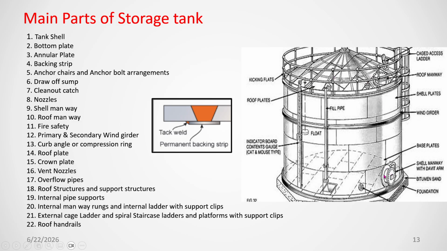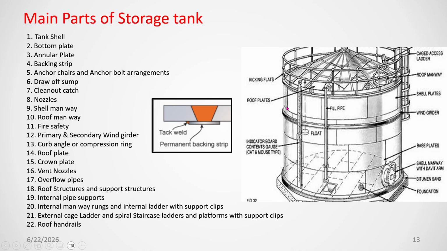This is also a nozzle, inlet and outlet pipelines. That is called the nozzles. Then shell manway. From here also you can go inside. At the top also there is one manway that must be provided on each and every tank. There is a shell manway. This is the roof manway.